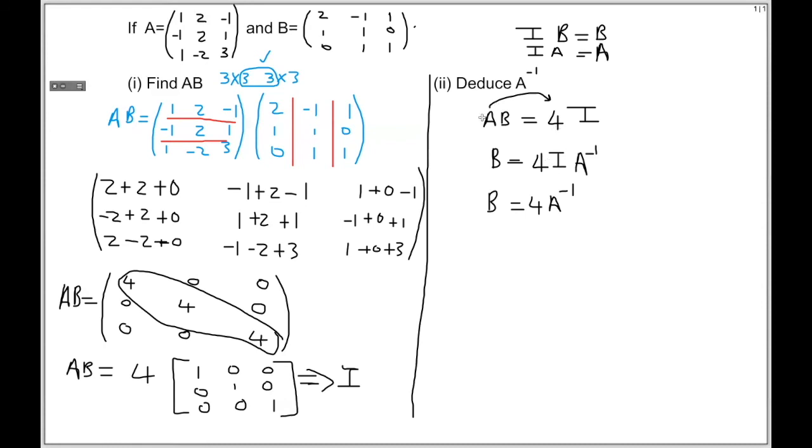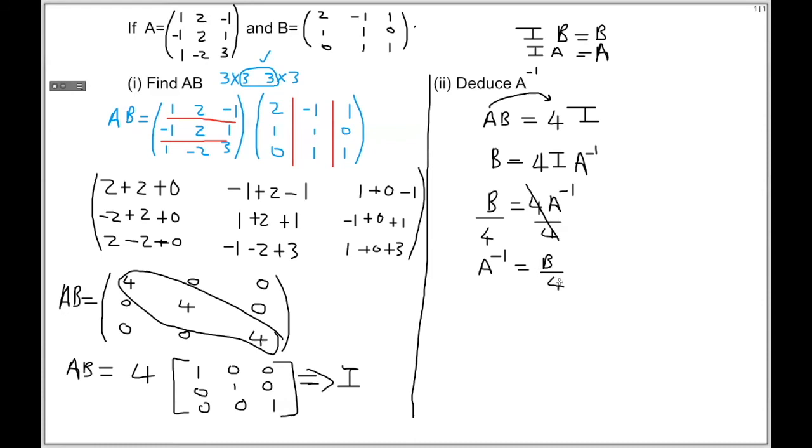So carrying this A over the equal sign, it becomes A inverse, but I times A inverse will give me A inverse. Now, if I divide both sides by 4, because the question is asking what is A inverse, this cancels. So A inverse is equal to B over 4.